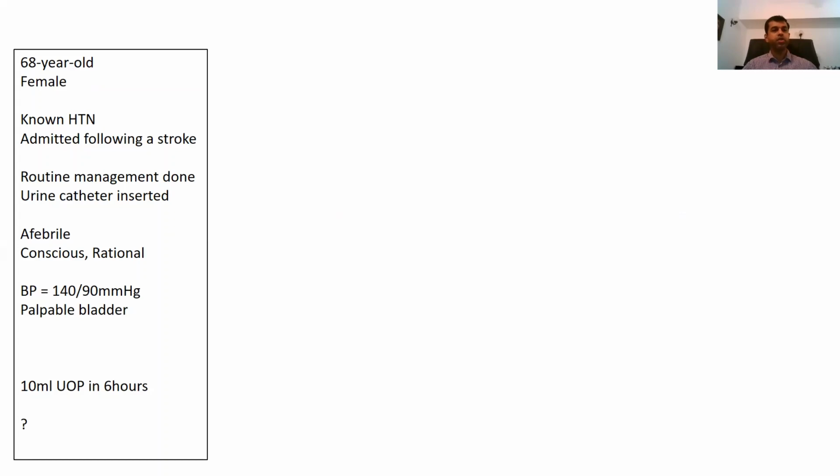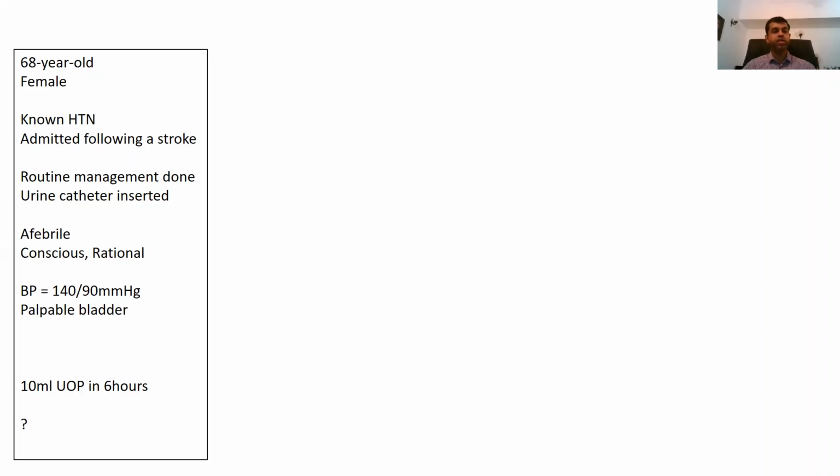This is the first one: a 68-year-old female patient, a known hypertensive, admitted following a stroke. The routine medical management is done in the hospital. A catheter is inserted, and on examination, apart from features of the stroke, she is well, afebrile, conscious, and rational.